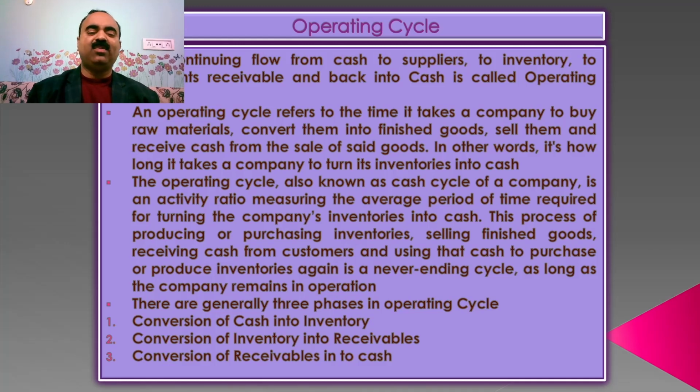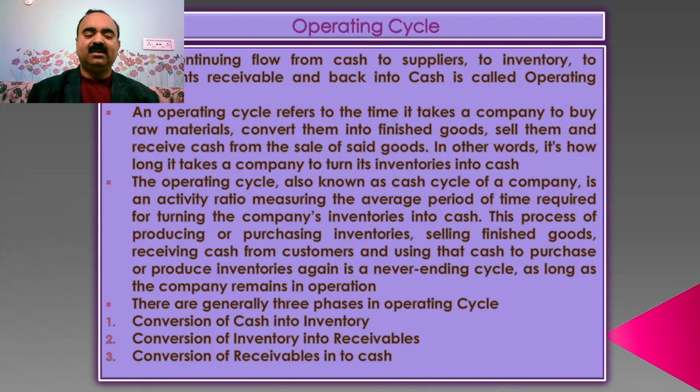This process of producing or purchasing inventories, selling finished goods, receiving cash from customers, and using that cash to purchase or produce inventories again is a never-ending cycle as long as the company remains in operation.